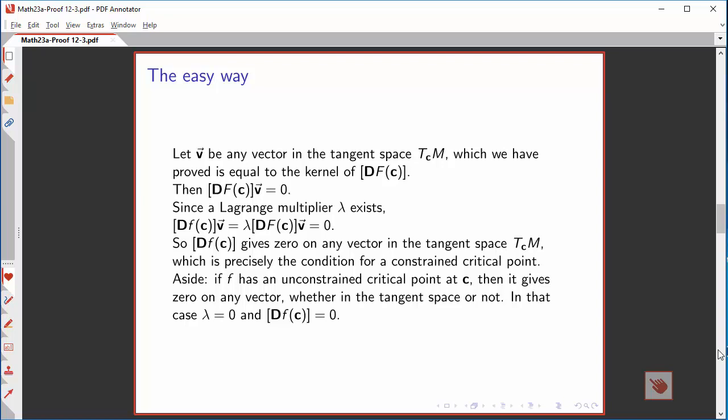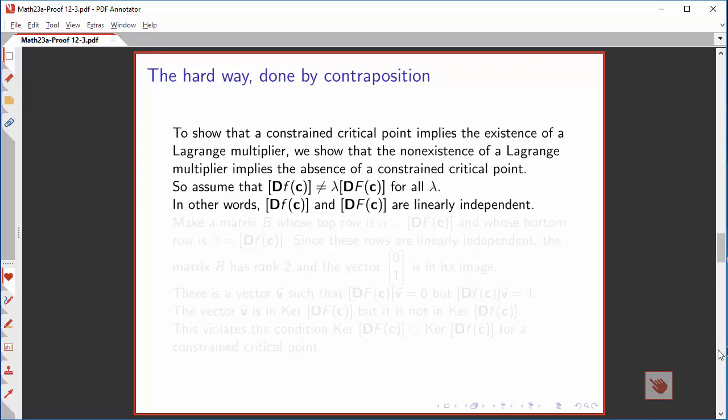That's the condition for an unconstrained critical point. It's because of this possibility that you can't completely reverse the roles of the function that has the critical point and the function that specifies the manifold when you're doing Lagrange multiplier problems.